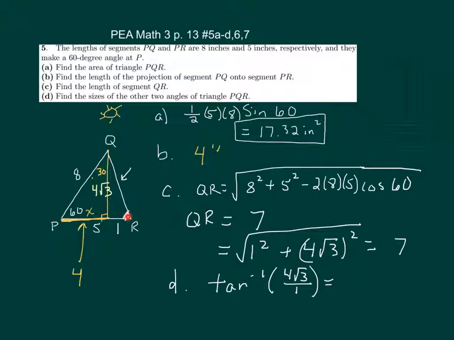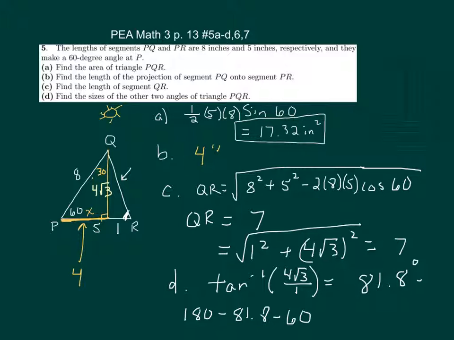So it's the arctan of opposite over adjacent. And Tom, what'd you get for that? That was R, 81.8 degrees. And then we could just subtract: 180 minus your 81.8 minus your 60.